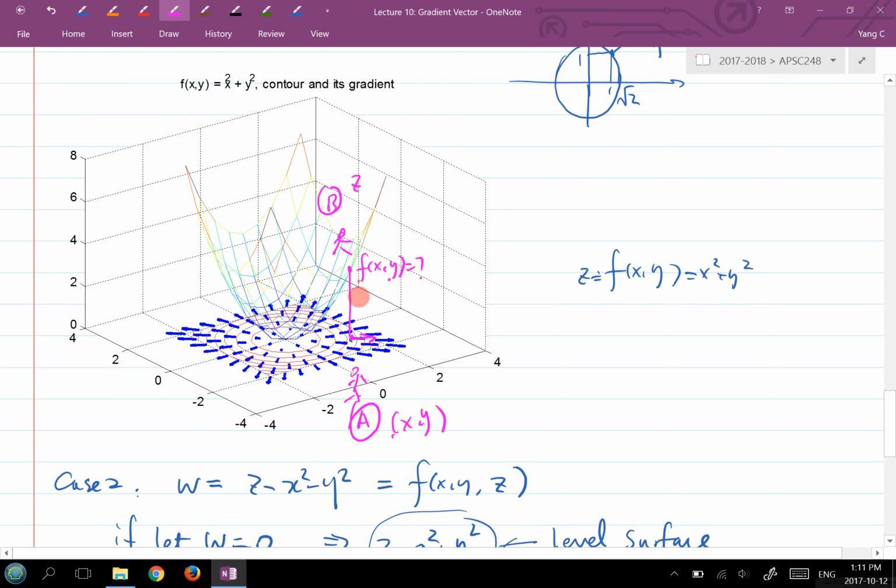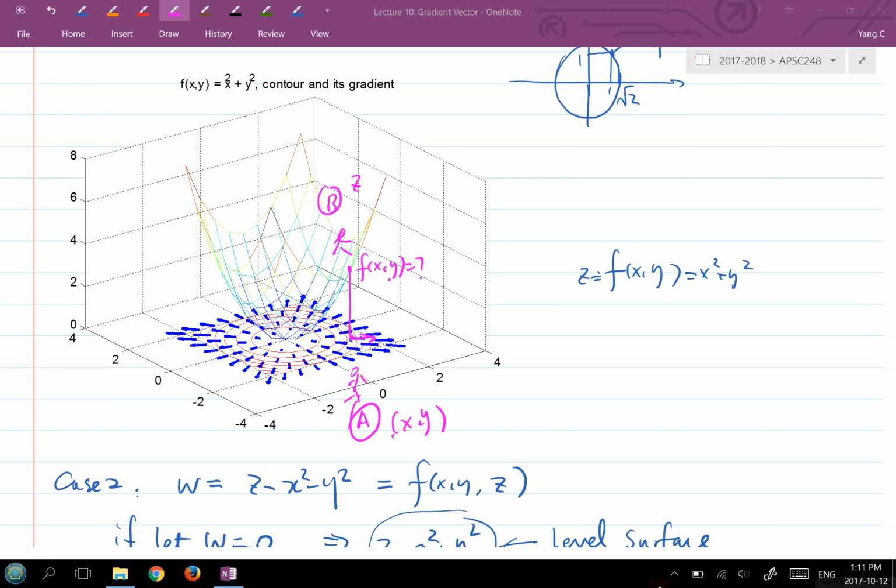I want this guy to climb as fast as possible, and you have the information x, y here. So you have to give an instruction, saying which direction he should go so that he will climb as fast as possible. Does that make sense?